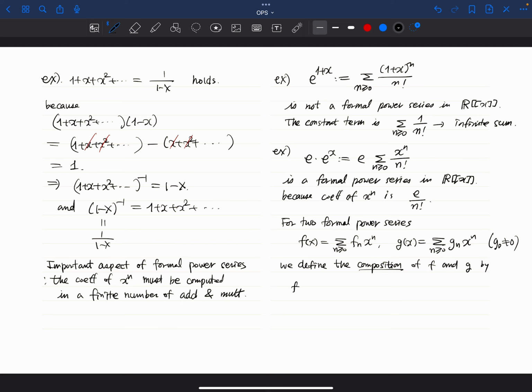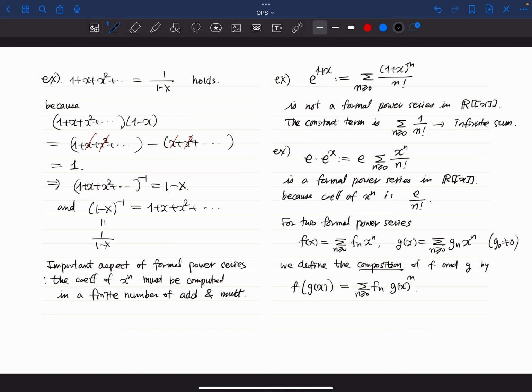The notation is just f(g(x)), exactly like this, where you just replace x by g(x). So the sum of f_n g(x) to the n.